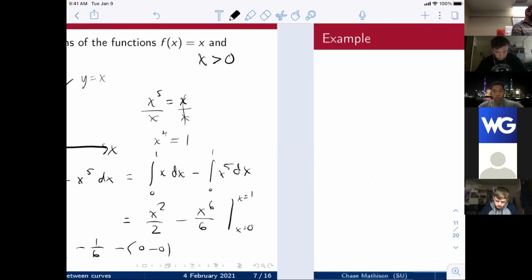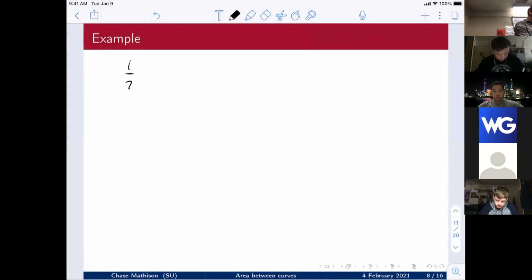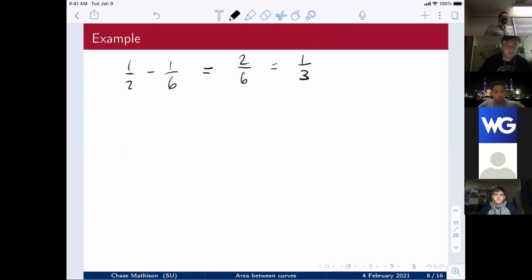And so this is equal to 1/2 minus 1/6, which is what? 3 minus 1 is 2 over 6, which is 1/3. Common denominator and all that jazz.